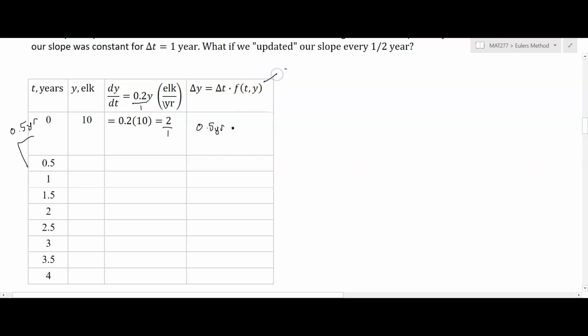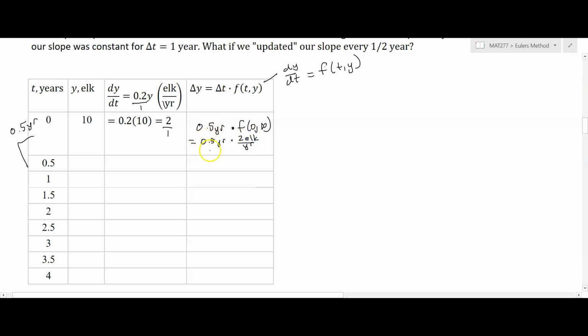Now remember, another way of saying this is just dy dt, but the reason I write it as f of t comma y is because it allows me to actually specify the t and the y that I'm positioned at. So here I'm looking at f of 0 comma 10, and in other words that equals half a year times 2 elk per year, right?